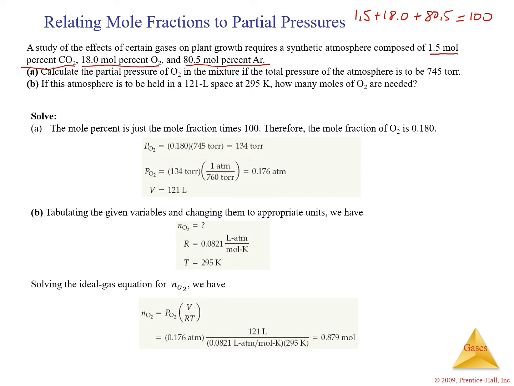If I divide all these numbers by 100, I will have 0.015 for the carbon dioxide, 0.18 for the oxygen, and finally 0.805 for the argon, and the sum is going to be 1.